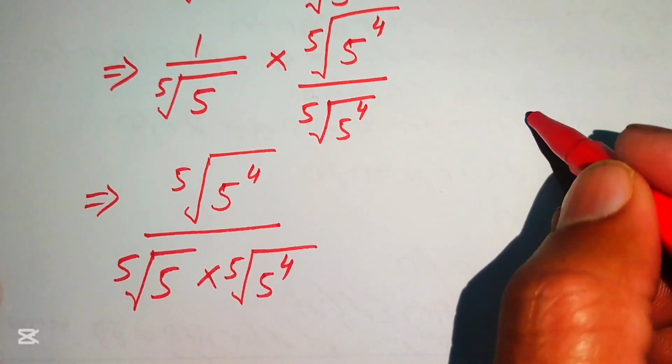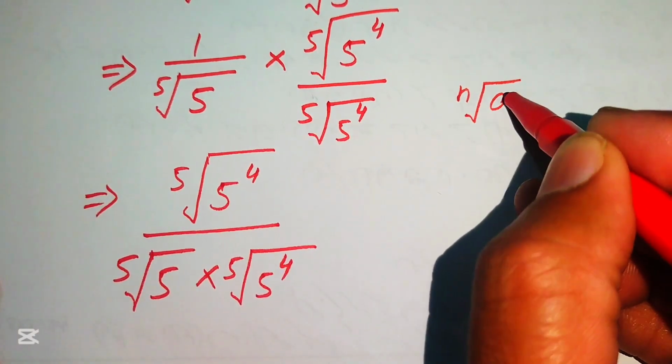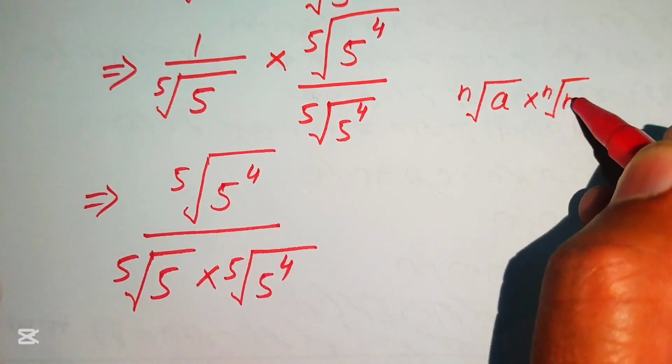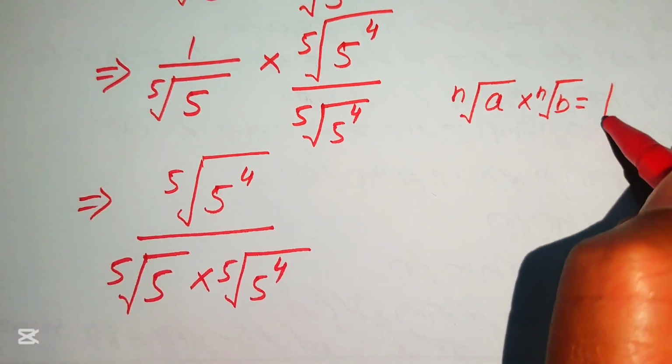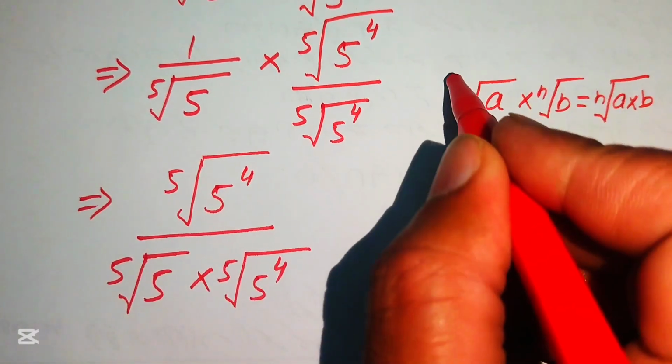If you have nth root of a multiplied by nth root of b, we write it as nth root of a multiplied by b.